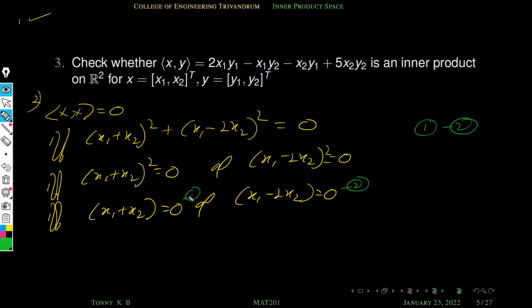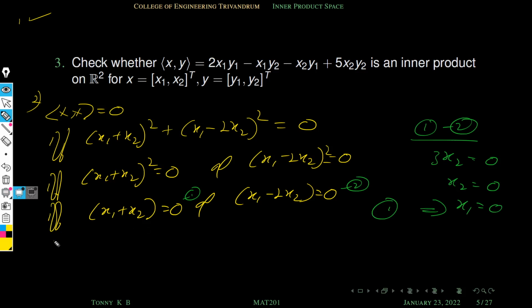Better if you denote this as equation 1 and this as equation 2. We have to solve these two for x1 and x2. So you consider 1 minus 2. x1 minus x1 is 0, and x2 minus (minus 2x2) gives 3x2 equal to 0. So x2 equal to 0. Then you can substitute x2 equal to 0 in equation 1, which implies x1 equal to 0. So x1 and x2 are 0.